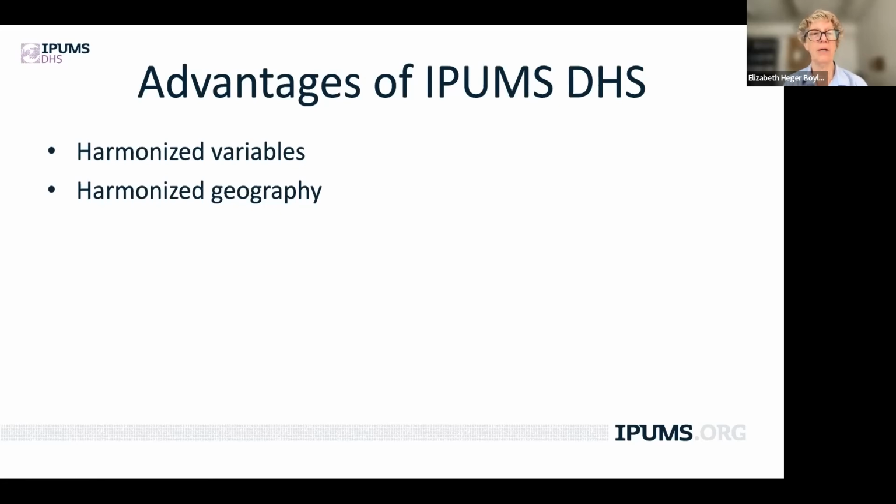But harmonized geography means that even if regions change within a country, IPUMS DHS geographers have gone back and created a common footprint so that individuals can compare regions across time. Usually what they do is the least common denominator. So they take regions that were later split apart and put them together. But the geography is quite precise around those harmonized geographic regions.